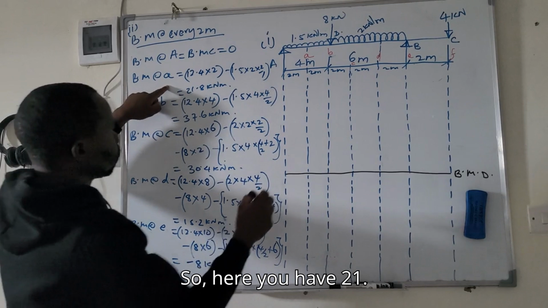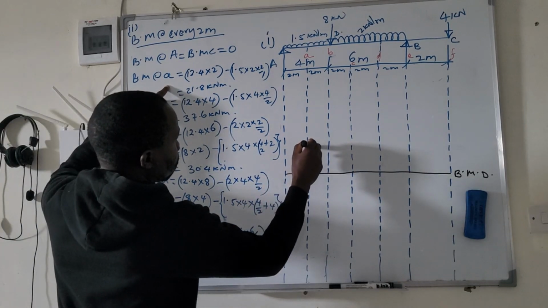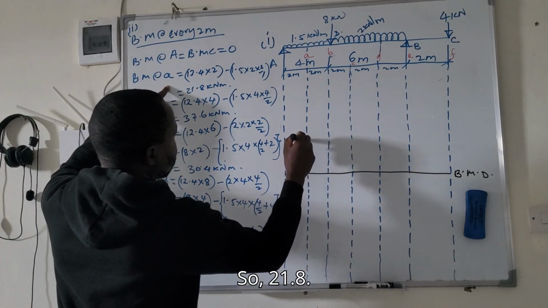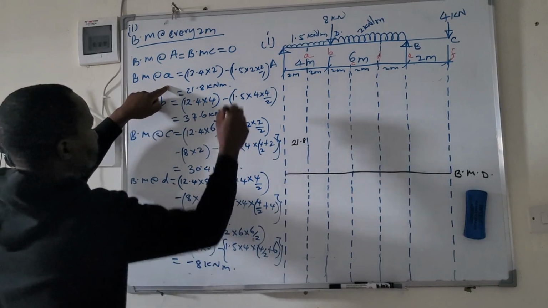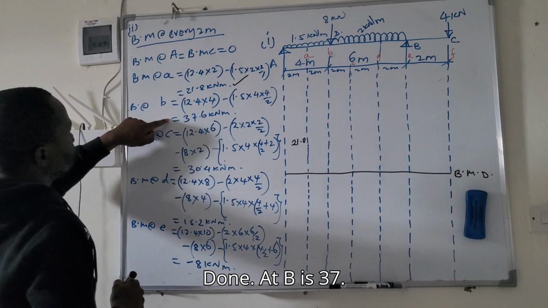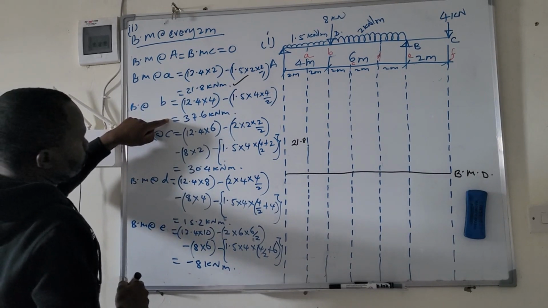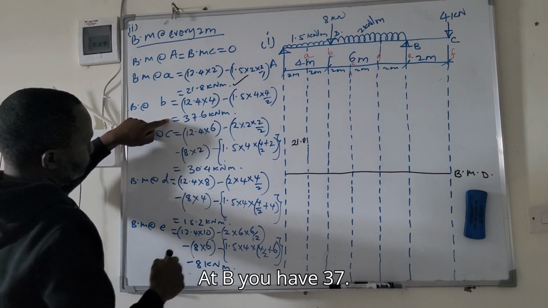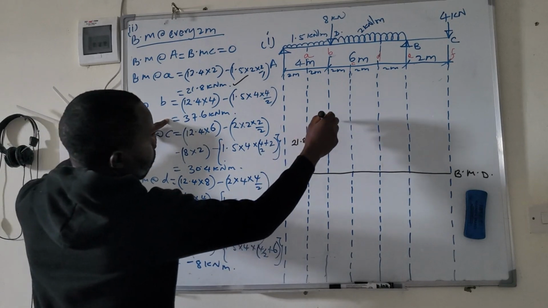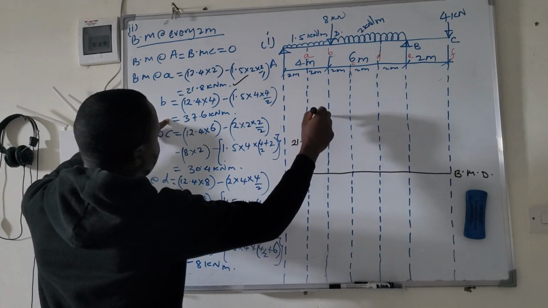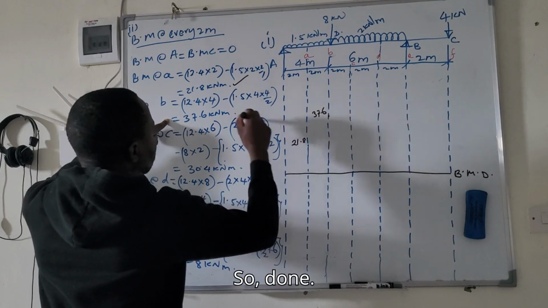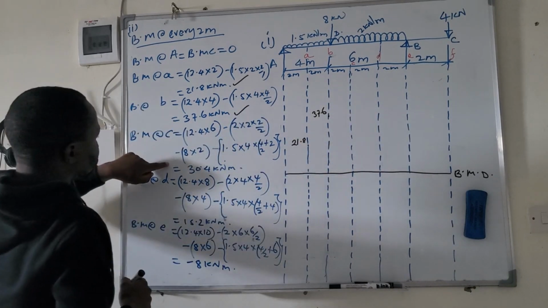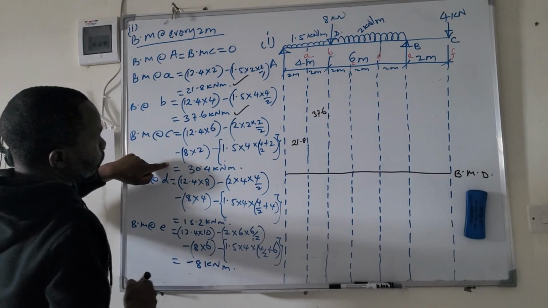So here you have 21.8. Done. At B is 37.6. At B you have 37.6. So done. At C you have 30.4.